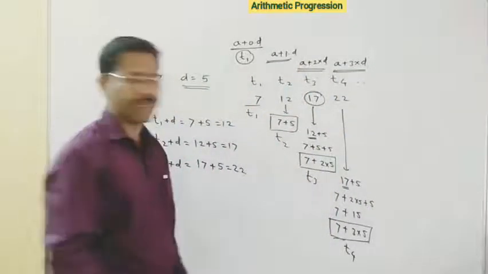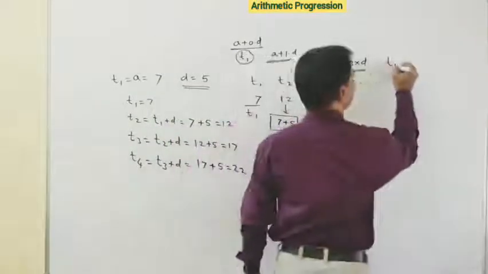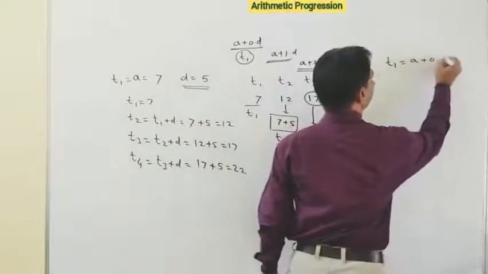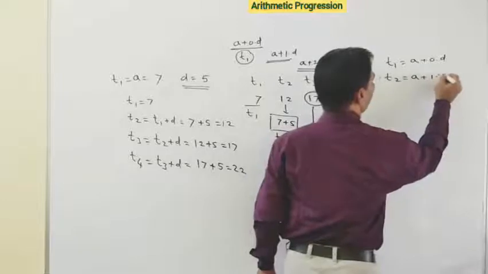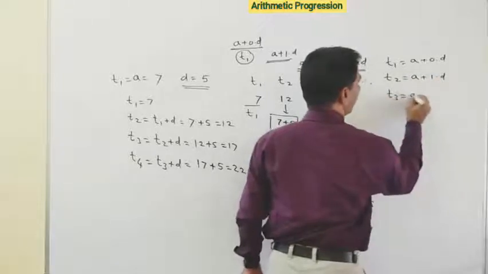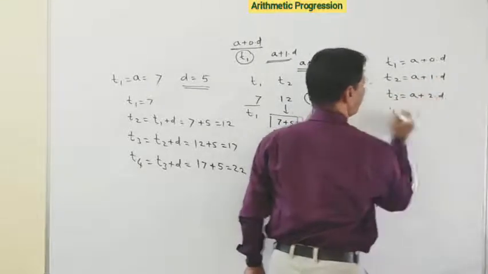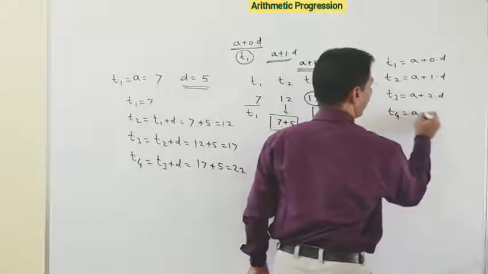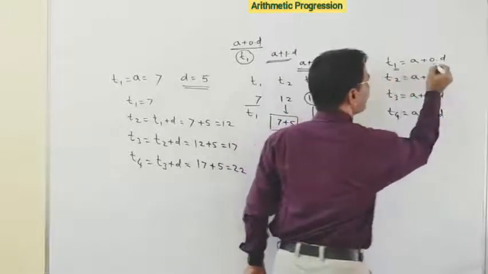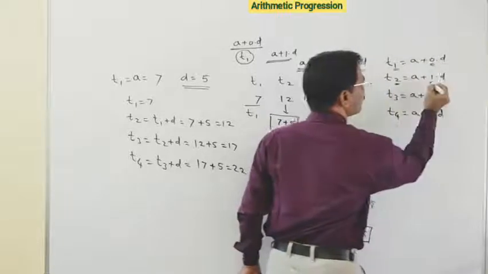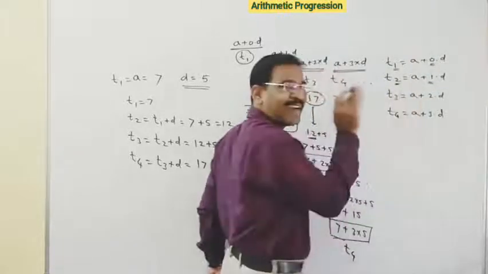Now after adding this, A plus 0D, A plus 1D, A plus 2D, A plus 3D, I am going to generalize here. T1 is A plus 0D, T2 is A plus 1D, T3 is A plus 2D, T4 is A plus 3D. Look here, this is 1, so here is 0. This is 2, here it is 1, just 1 less.